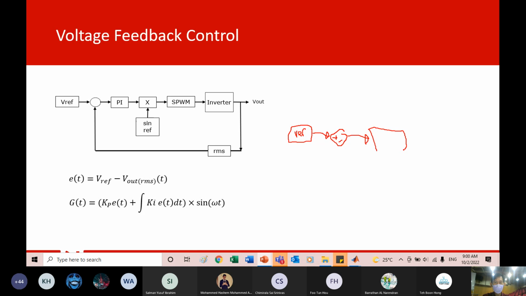This is your PI controller, and this is your plant. This is your plant that you want to control.